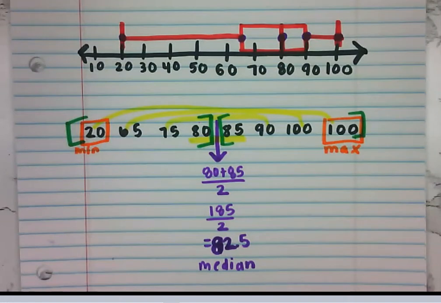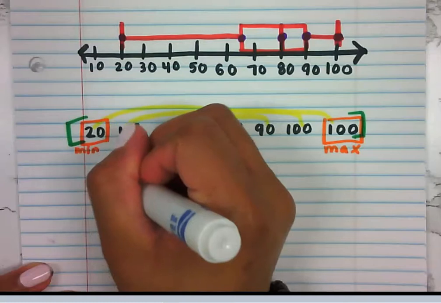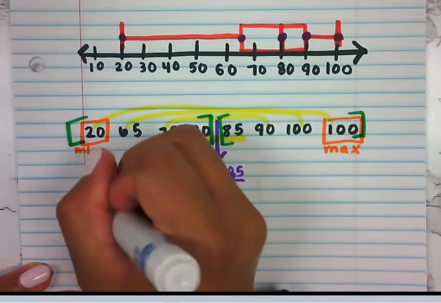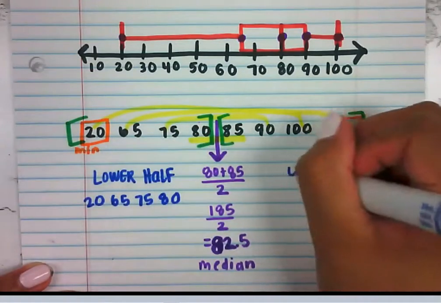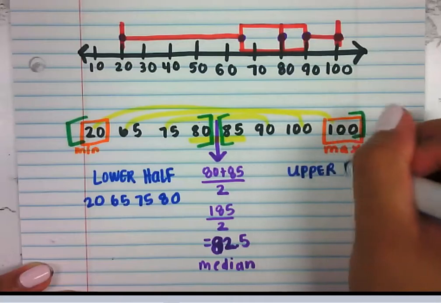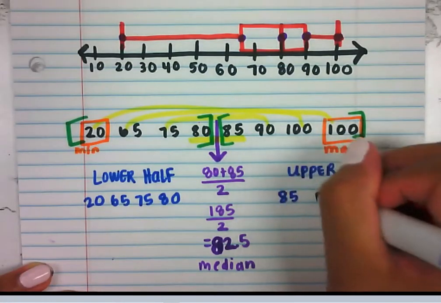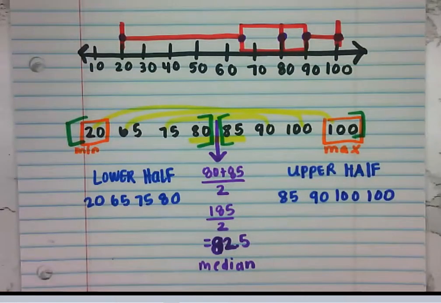So we have our lower half: 20, 65, 75, 80. Upper half: 85, 90, 100, and 100. All right, so now let's find the middle of these 2.